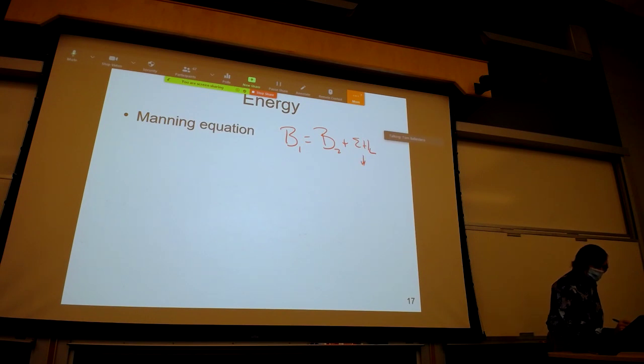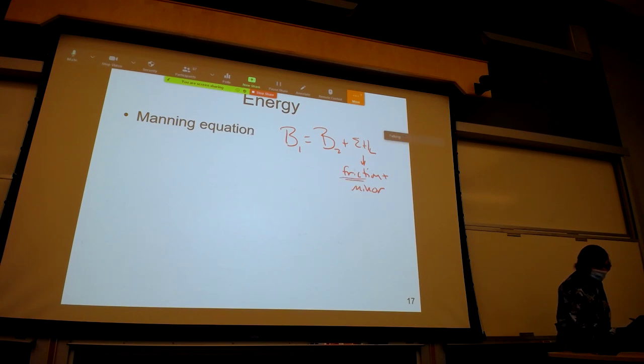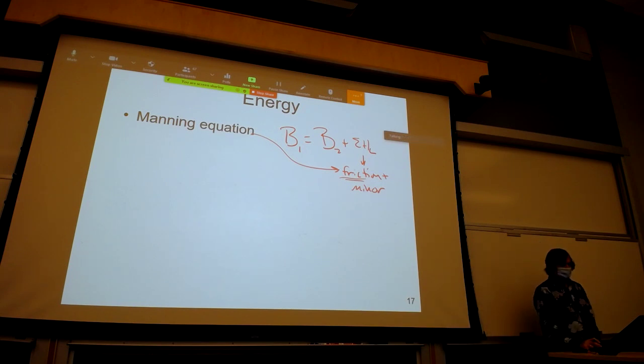And the losses are typically friction and minor, just as in closed conduits. The friction loss is what's described by the Manning equation, or what is embedded in the Manning equation. So I hold that as a placeholder, we're going to get to it.